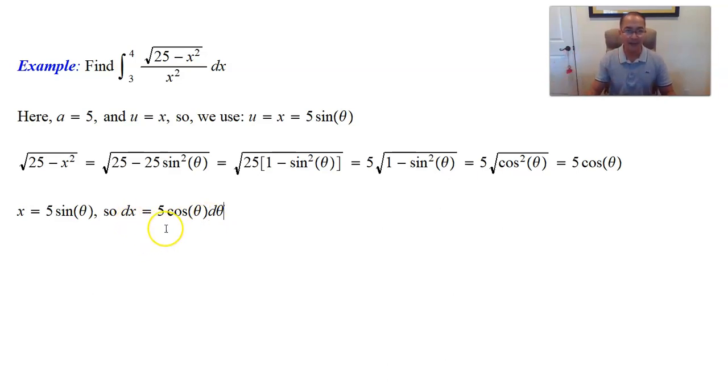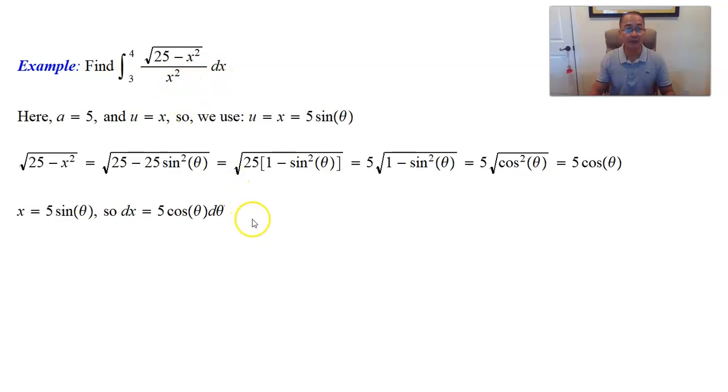Notice here, dx is already solved for us because we started out with x equals something. So dx is right here. There's no need to solve for d theta. We already have dx, and in fact we don't solve for d theta because we want to replace the dx over there. And here it is.